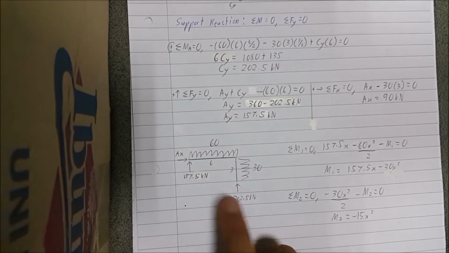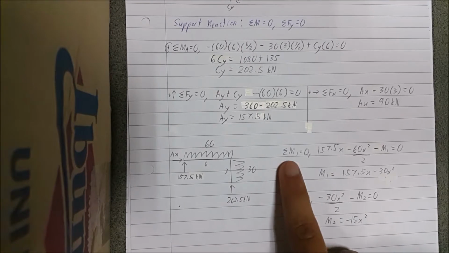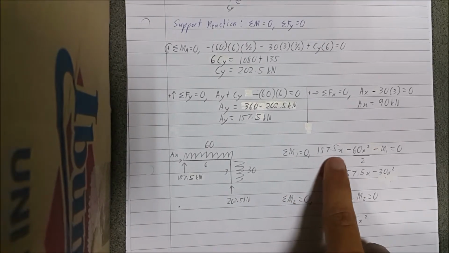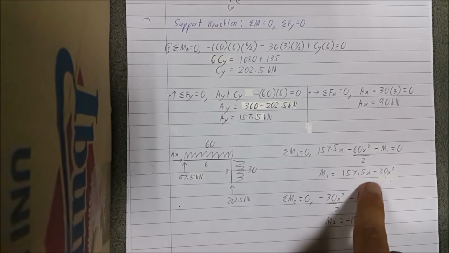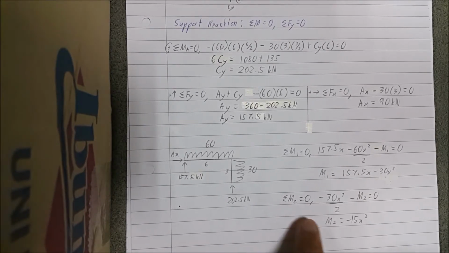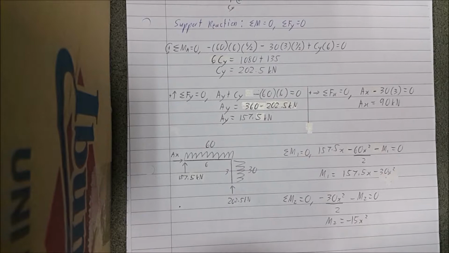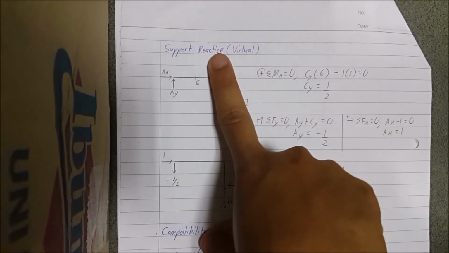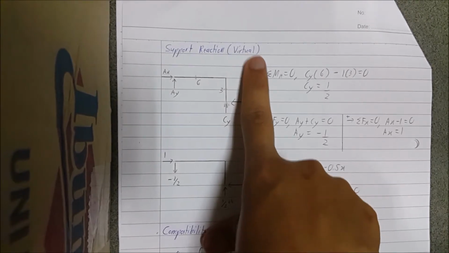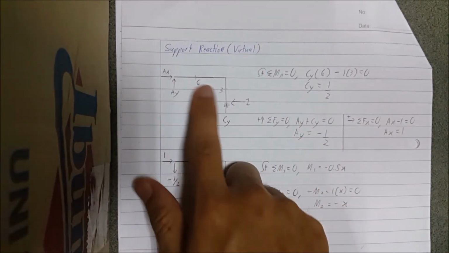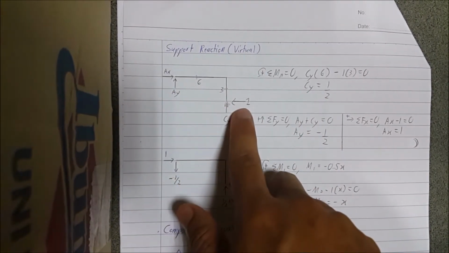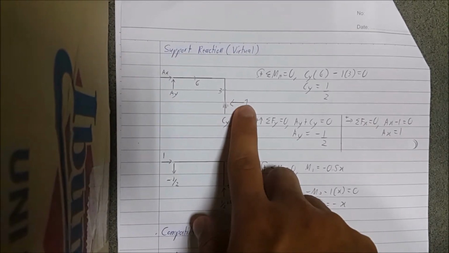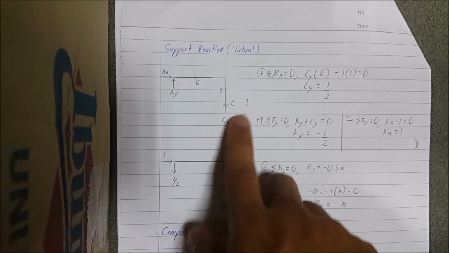After we put in the new values, we get 2 new equations: M1 equals 157.5x minus 30x squared, and M2 equals negative 15x squared. Next, we need to find the support reactions for the virtual load, similar to the previous one, except we have to show where we applied our virtual loading. In my case, I put the virtual loading at Cx.